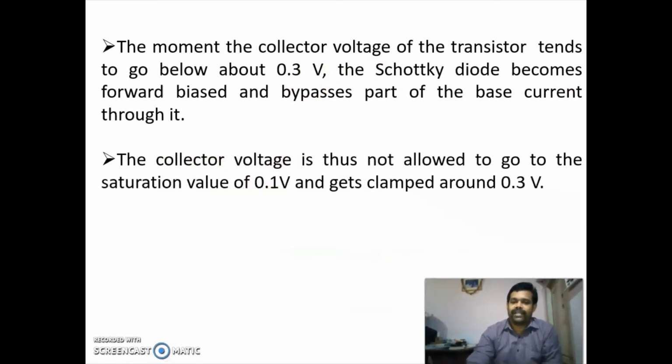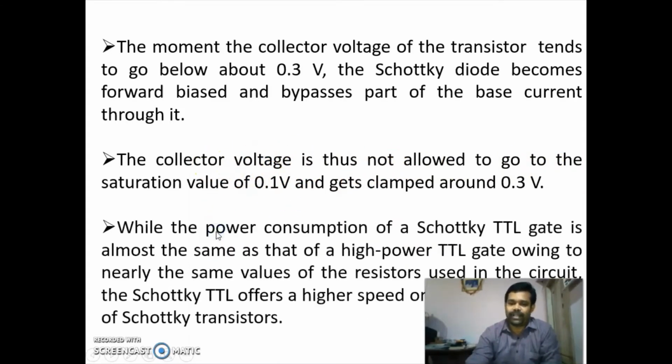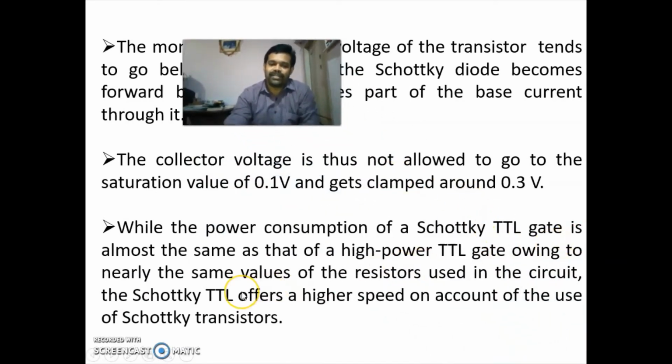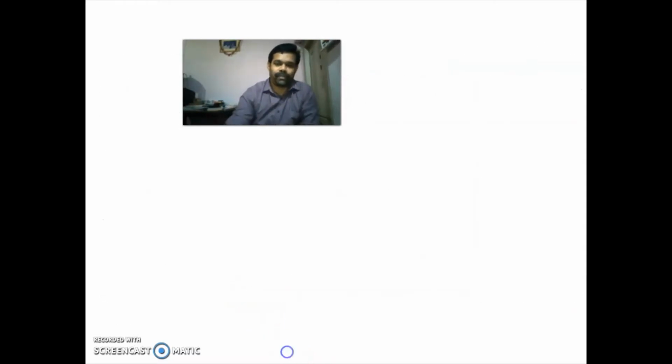The collector voltage is thus not allowed to go to the saturation value of 0.1 volt and gets clamped around 0.3 volt. The power consumption of the Schottky TTL gate is almost the same as that of the high power TTL gate, owing to the nearly same values of resistors used in the circuit. The resistor values are the same, but the speed is more.